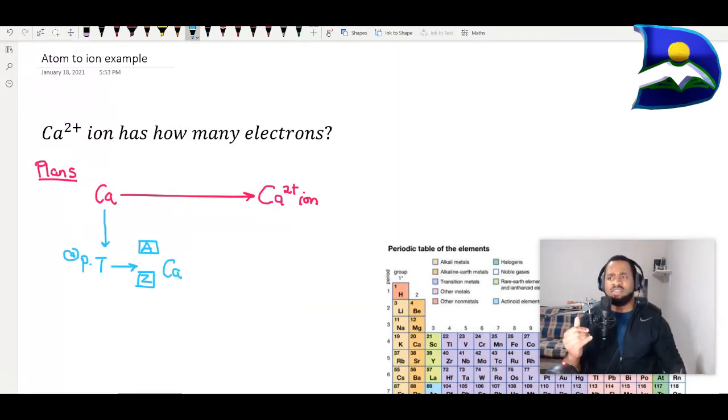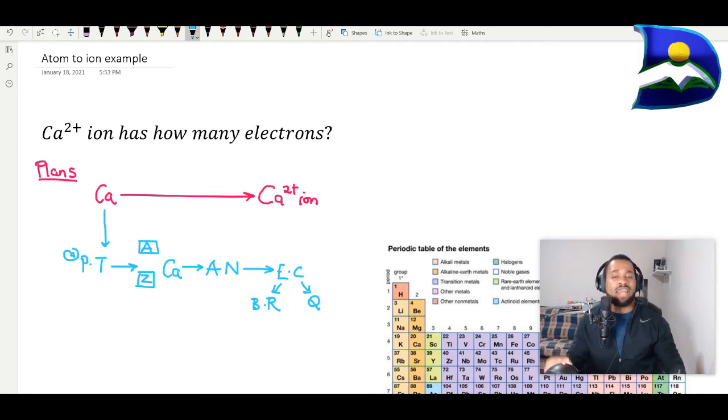From these we'll be able to determine the atomic number for calcium, and from the atomic number we are going to get into the electronic configuration, where we'll look at the Bohr-Rutherford diagram and also the quantum numbers and how those are applicable to the electron distribution.